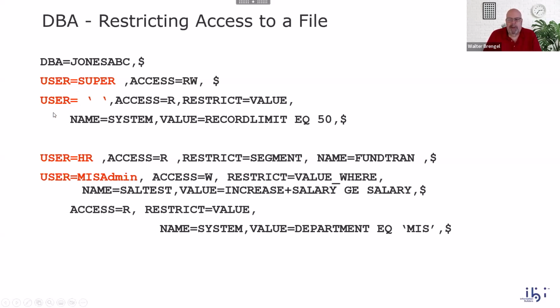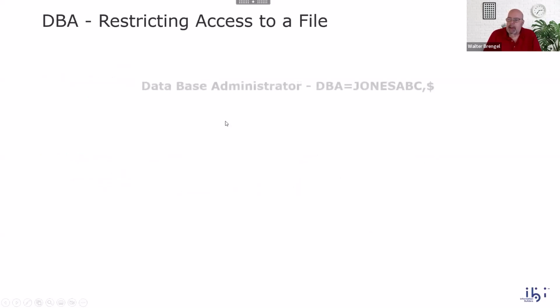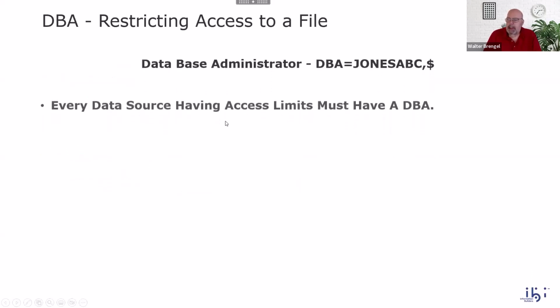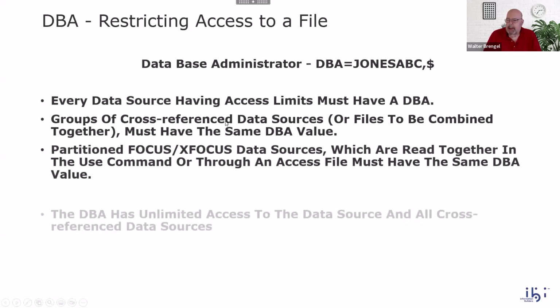That would be like a default for everyone else, and that's usually if you don't set the user value. If you don't set it, the value will default to blank, and then you're going to set a default access. So this basically goes over all that.